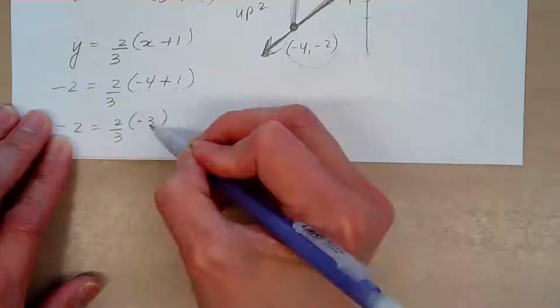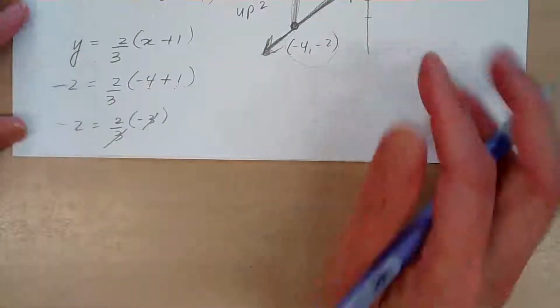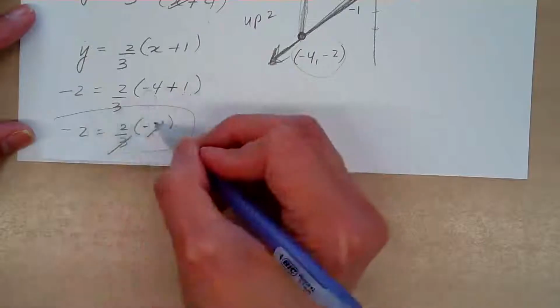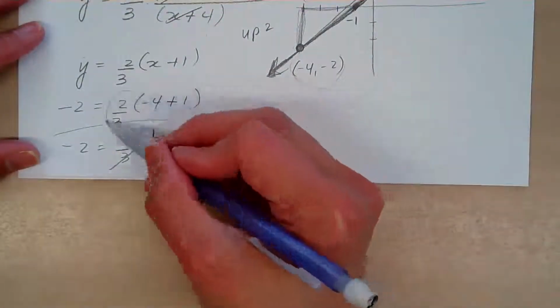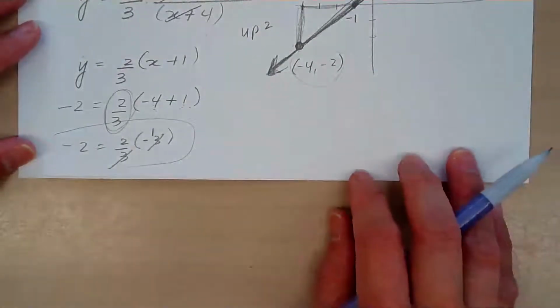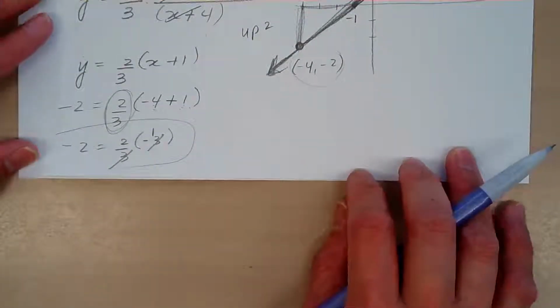Oh yeah, it works. It does, because this is going to give us -1. So this one has to be 2/3 to balance it out.